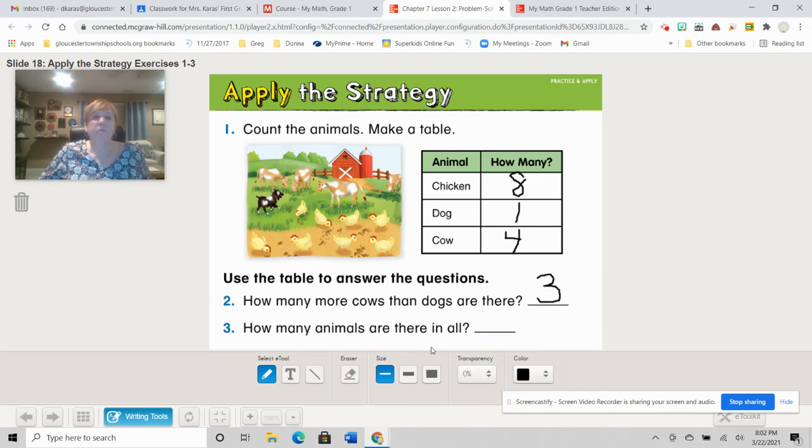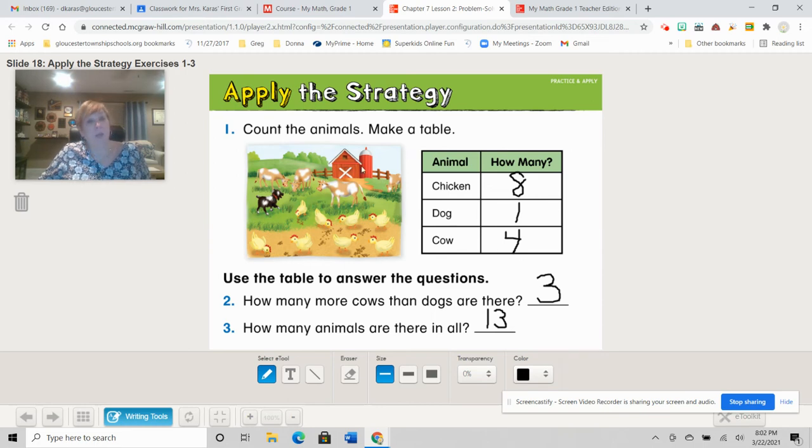How many animals are there in all? Now, this is adding all of your numbers. 8 plus 1 is 9. 9 plus 4, 13 animals in all. Now, yes, I know you could count all of these here, all right, but you need to get used to using our chart.